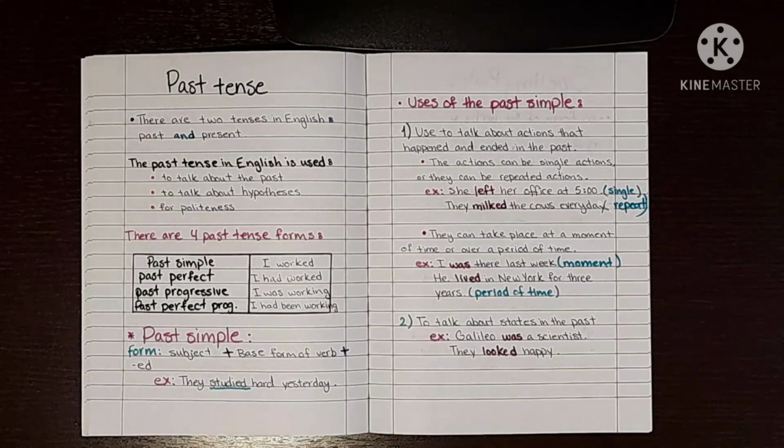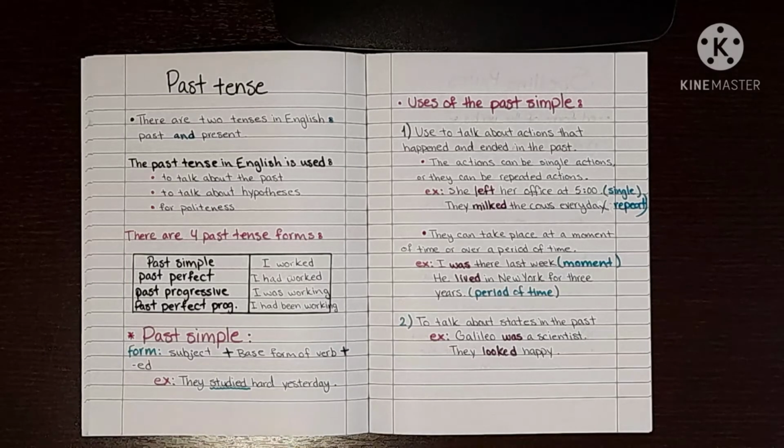For example, she left her office at 5 o'clock. So it was a single action. They milked the cows every day. Every day is the time expression that shows that it happens repeatedly.